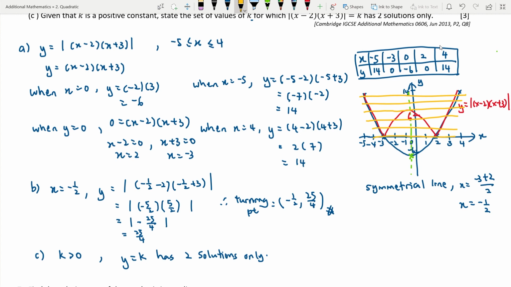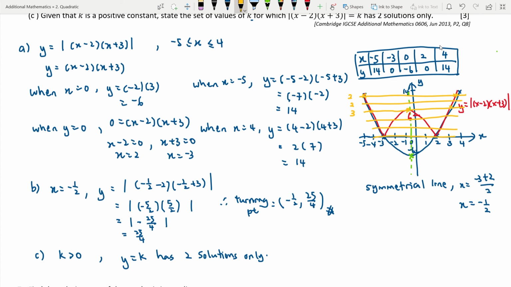For the first line, the orange line cuts through the graph at 2 points. Second line also the same, 2 points. The third line, 3 points because it also cuts through the turning point.